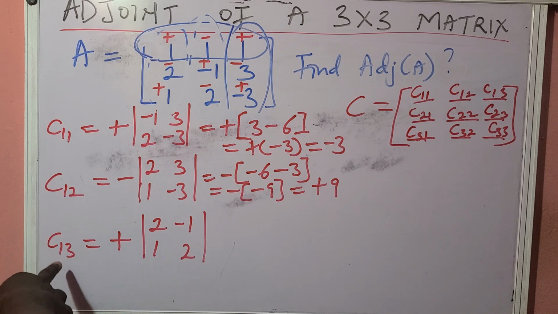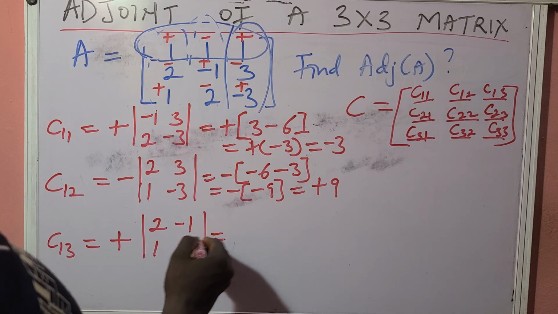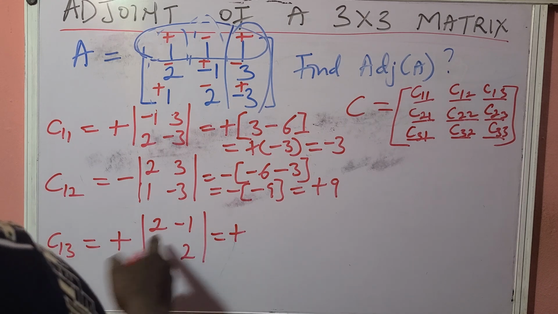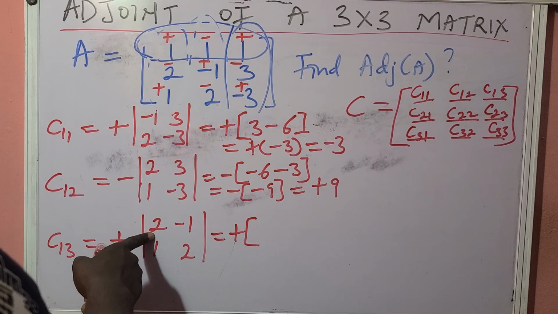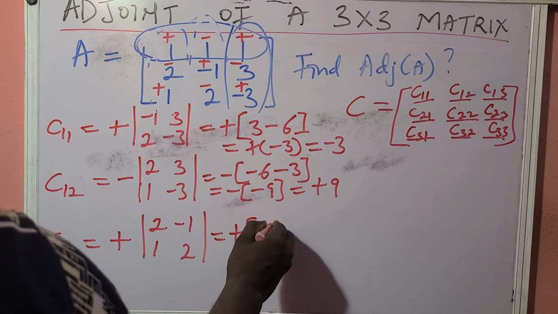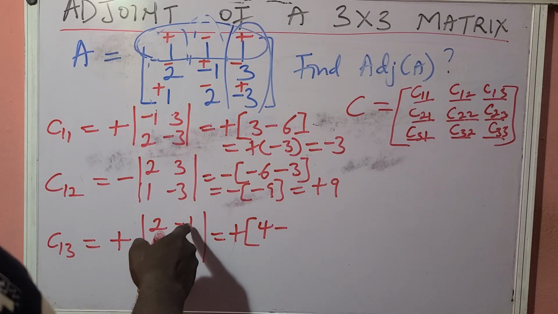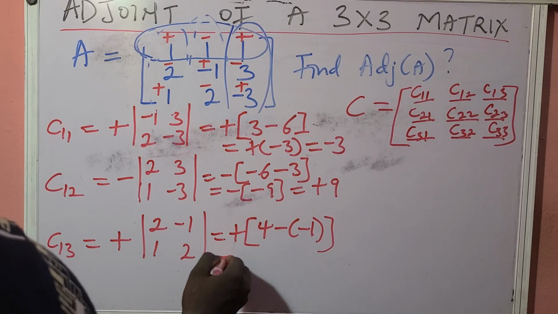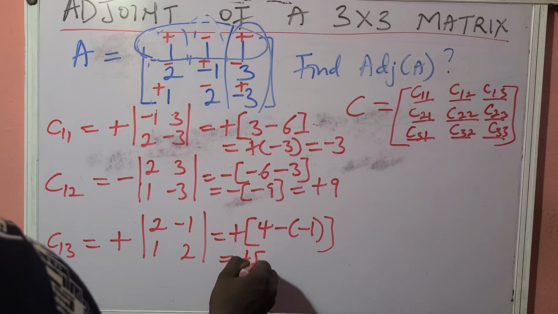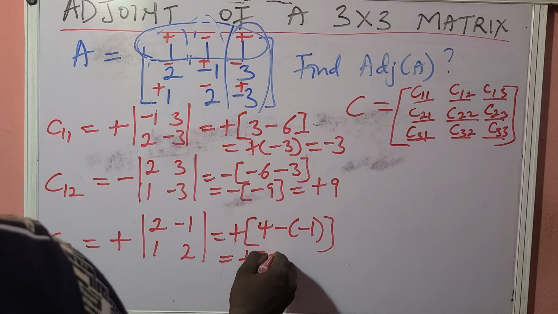Let's go on to solve for C13. What we have here is plus. Of course, this plus must be represented. Then you go on to have 2 times 2, that will be 4, minus 1 times -1, -1. That will be plus 4 plus 1, that will be 5.